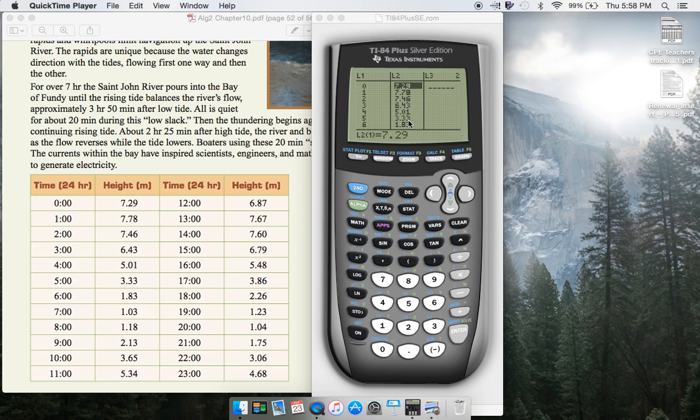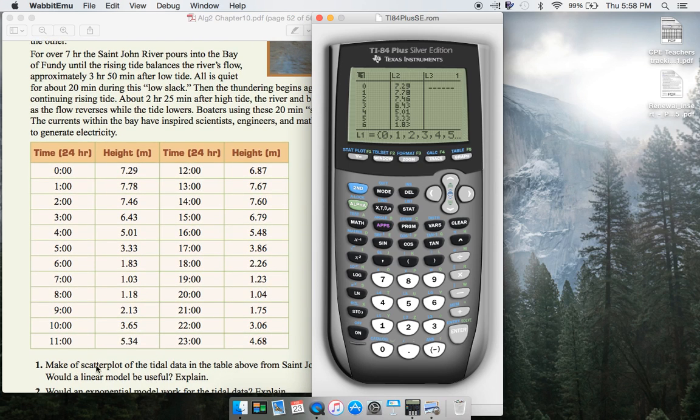So I have all of my data now for the height in my list 2, and I've checked it all. Everything matches up perfectly. It's really important that we get our statistics entered correctly, otherwise it is going to affect our calculations for the rest of the project.